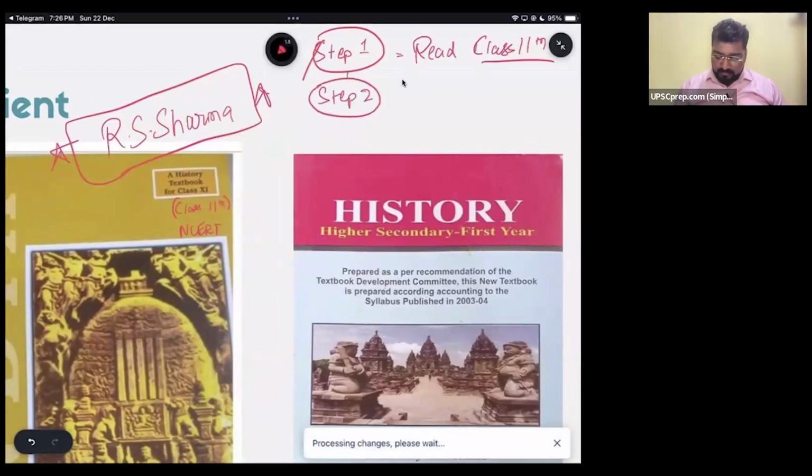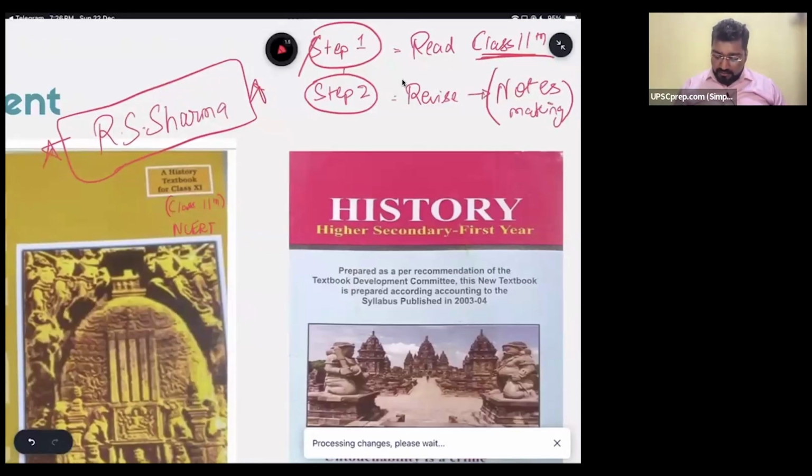Then step 2 will be to revise this class 11th book and make notes. Now, how to make notes? Everything I will tell you. You need not make notes of each and every content which is given in that particular book. Which topics to make notes of, I will tell you. Okay?